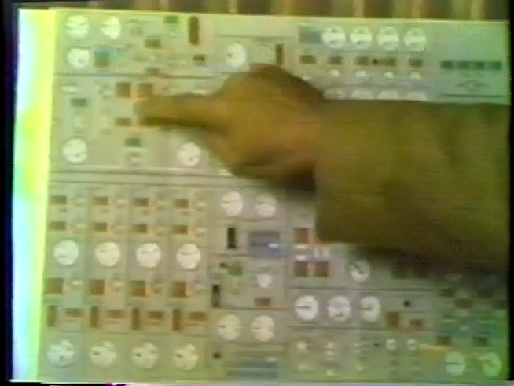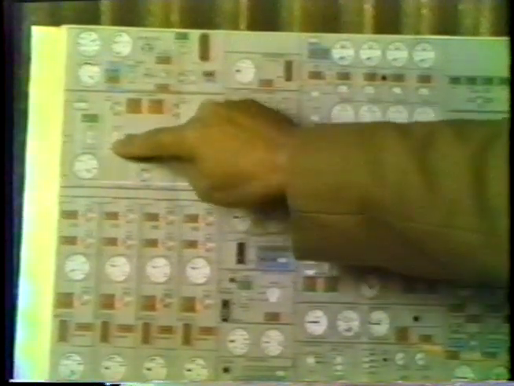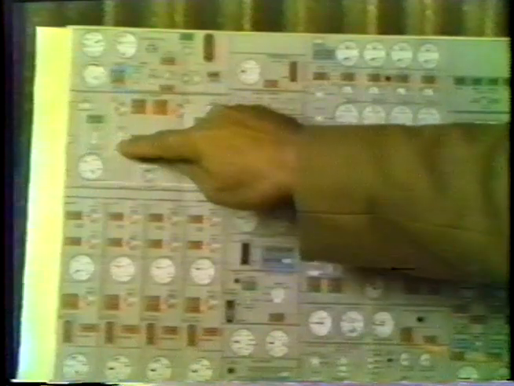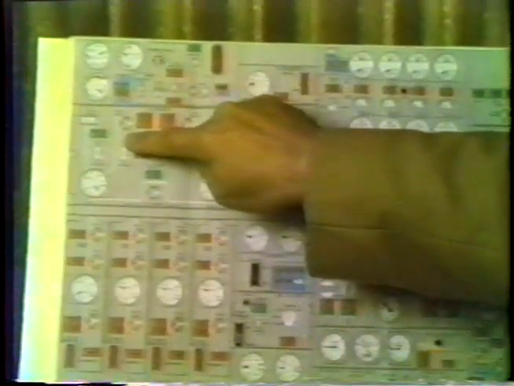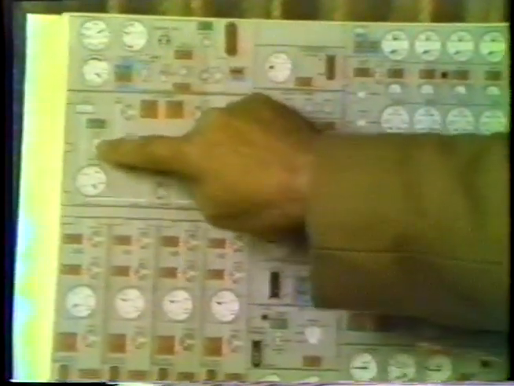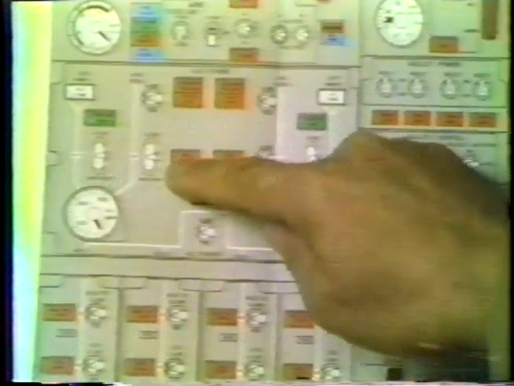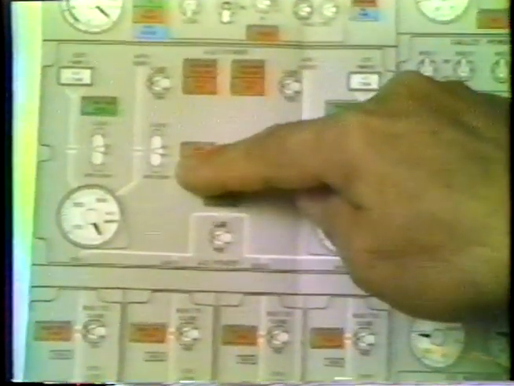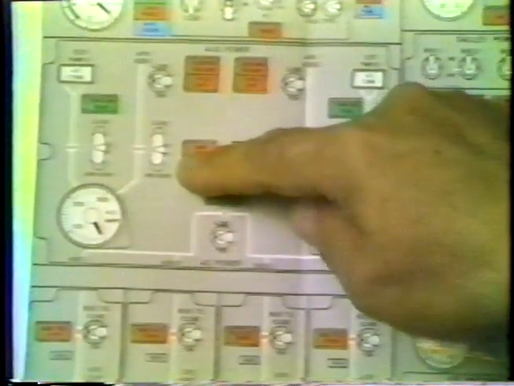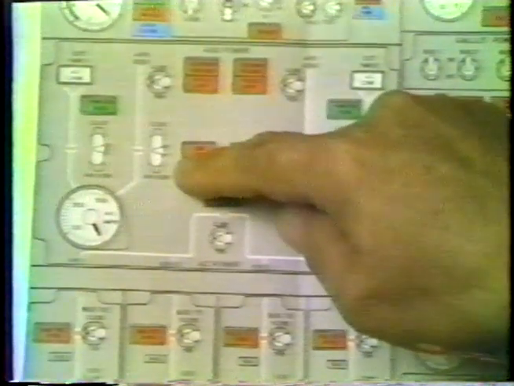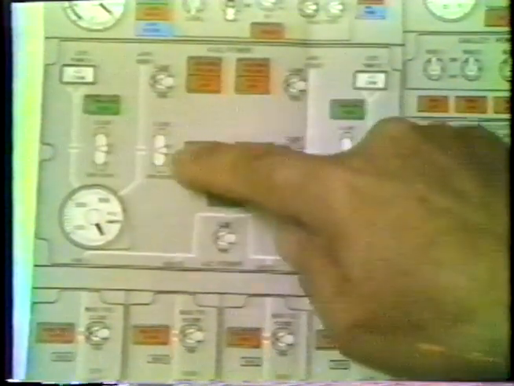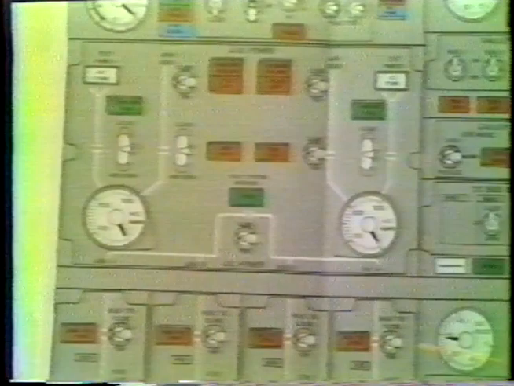Then, if you selected the switch for the APU to close, it would automatically trip off the ground power. The green light would go out, and the amber light for the generator breaker of the APU would go out, and all the systems that were previously being operated by external power will now be operated by APU number 1.